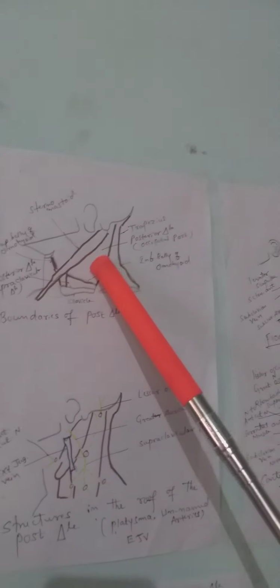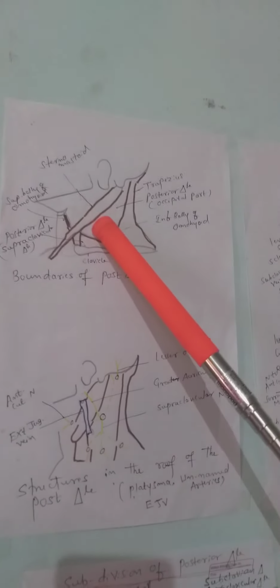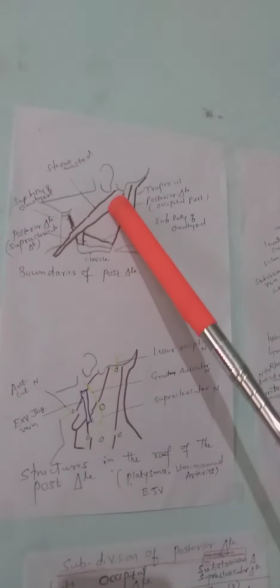Now I will see here once again. It is the sternomastoid. Posterior border of the sternomastoid, anterior border of the trapezius. It is the clavicle. The base is formed by the clavicle. At the apex, both are meeting and truncated.